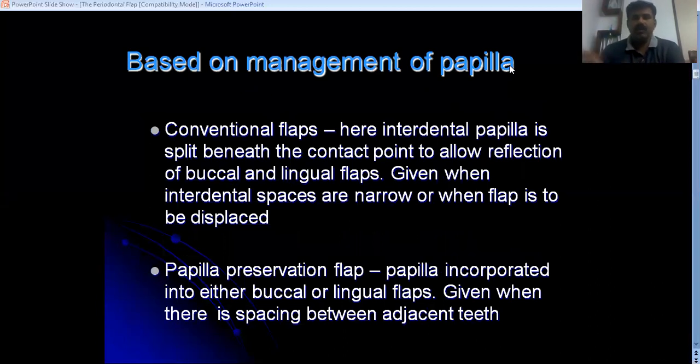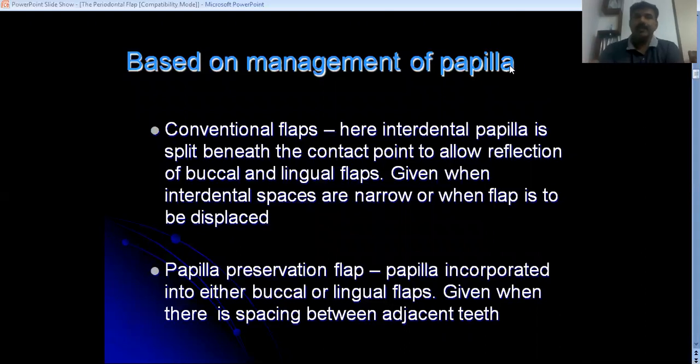So when you just consider one papilla, maybe the papilla in relation to the central incisors, if you want to reflect that area, on the labial aspect you are putting an incision, in the lingual aspect also you are putting an incision, and then you are reflecting the flap. So basically, what happens there is you are splitting the gingiva into two, the labial and the lingual half.